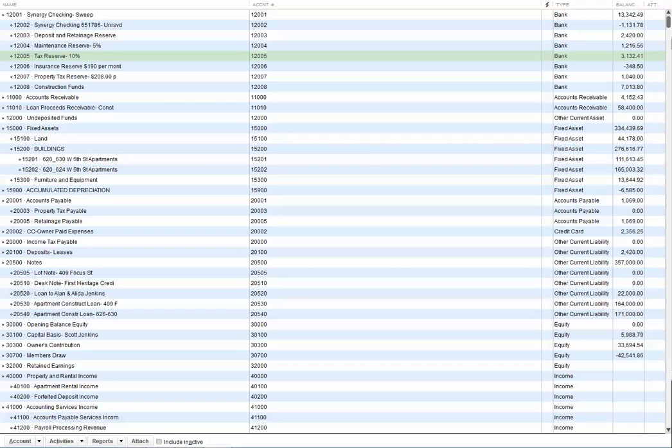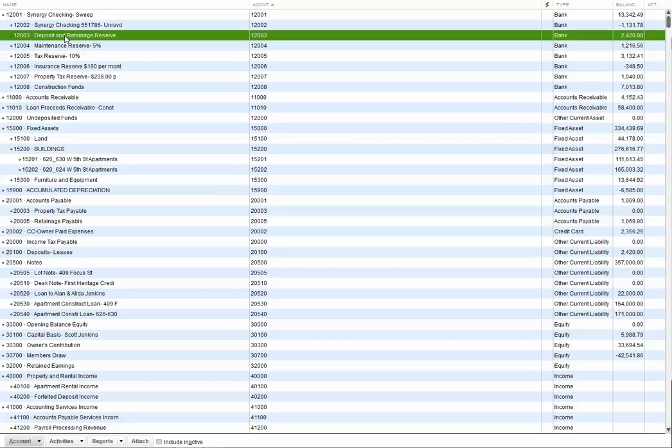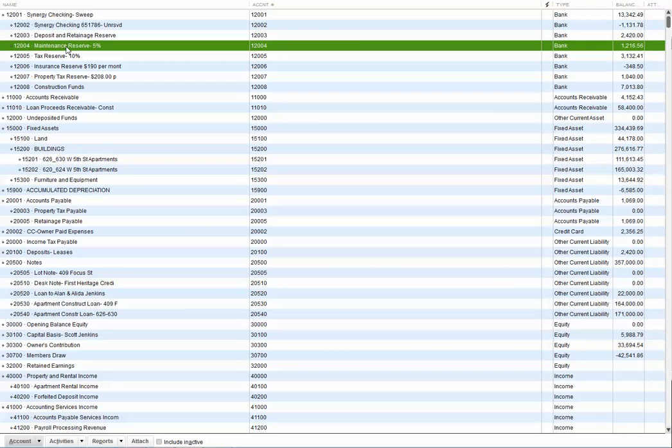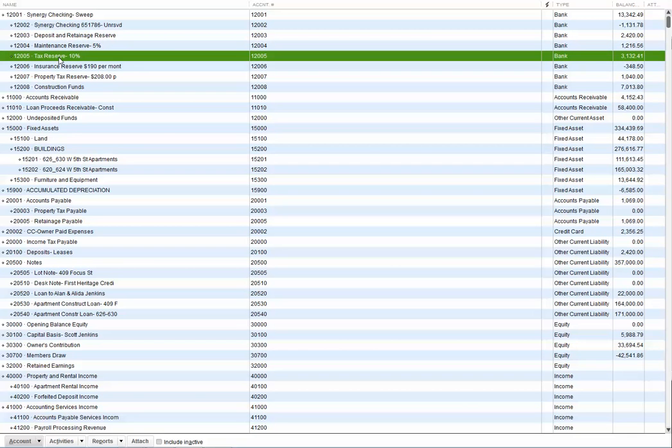From there, you'll create other sub-accounts which may serve various reserve needs, saving needs, or segregation by activity needs. In this example, which is my company handling accounting and rental property clients, I have set up several reserves to handle everything from client deposits and retainage, maintenance reserve for the building which is being rented, a tax reserve.